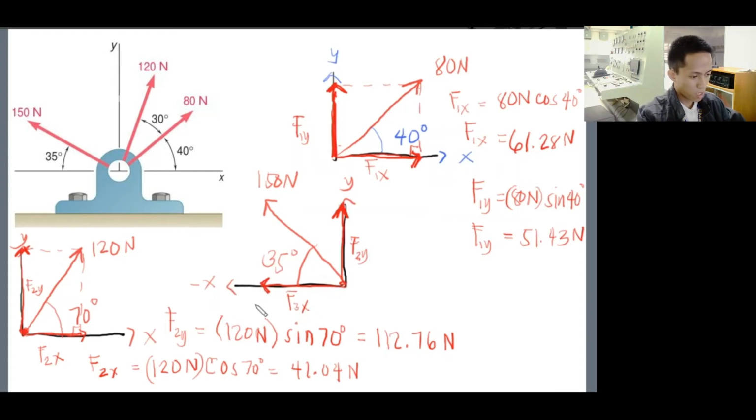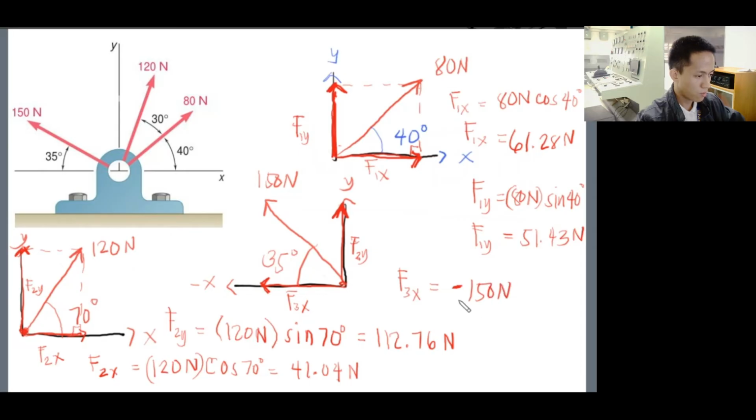Papunta siya ng negative x-axis. So, para maging negative guys yung angle mo, gamitin natin itong angle here. Not yung 35. Pag ginamit mo yung 35, lagyan mo na ng negative dito. Mas maganda yung 35 na lang yung gamitin natin, pero lalagyan mo siya guys ng negative based from the figure kasi papunta siya ng negative x. So, this is negative, then 150 newtons.